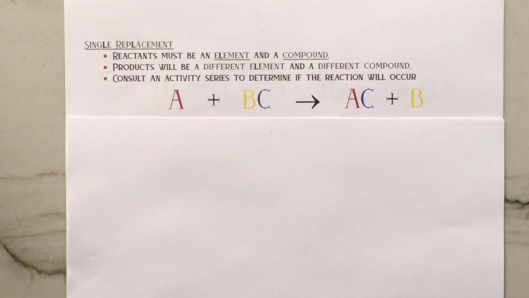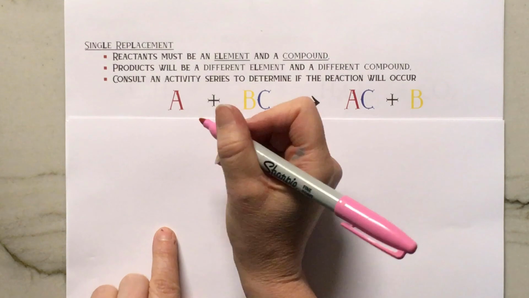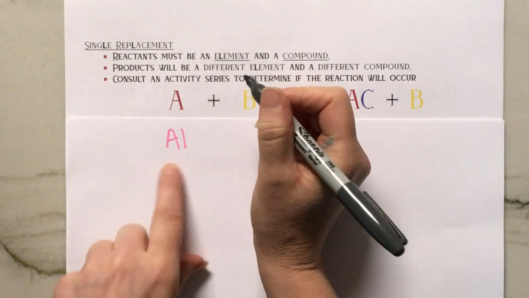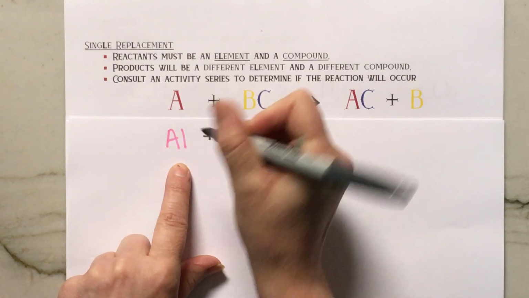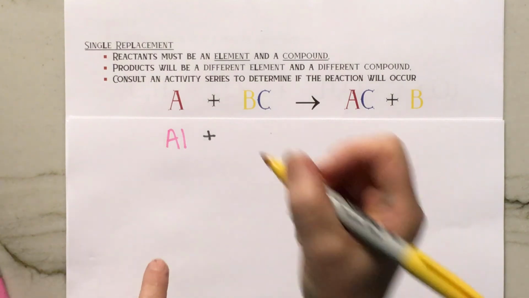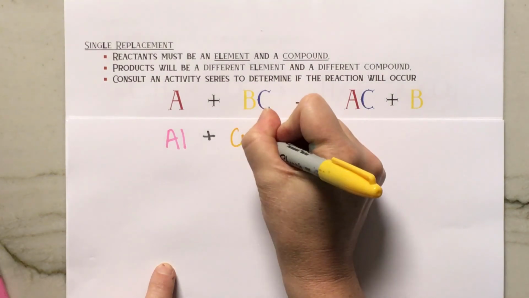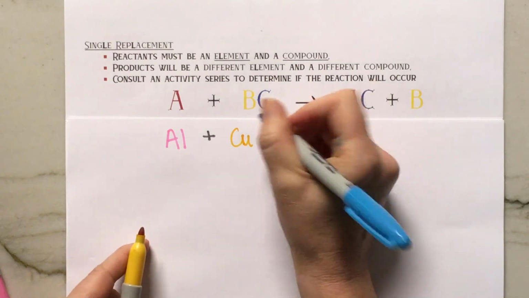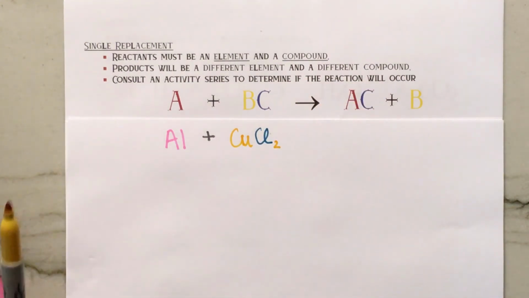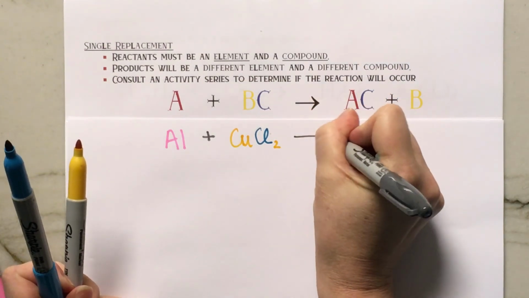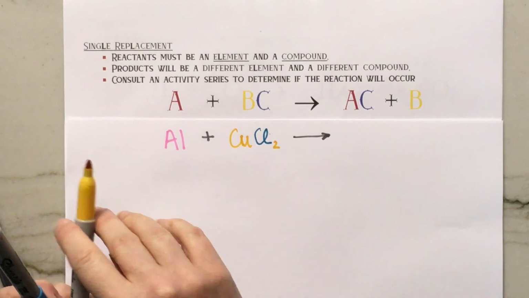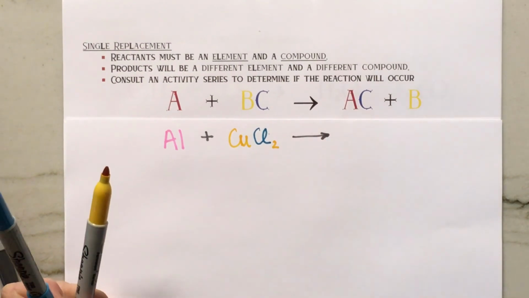But just to do a quick example with you, we have aluminum. There's your element A, and it is going to react with copper(II) chloride. So CuCl2, swap and drop. That aluminum is going to kick out the copper, and so then we're going to have AC.